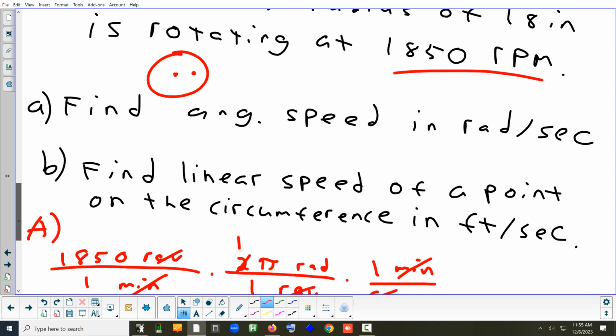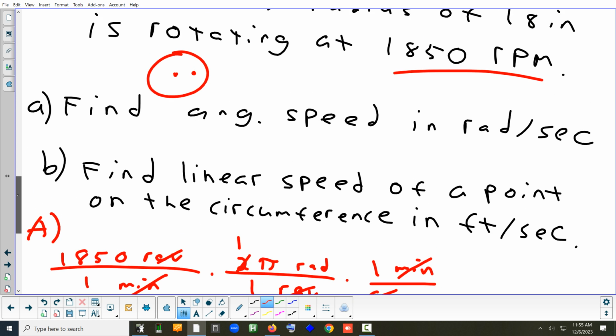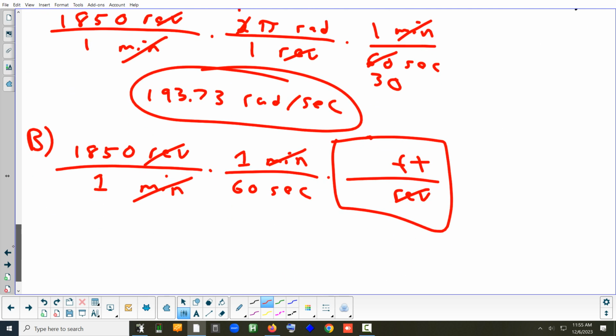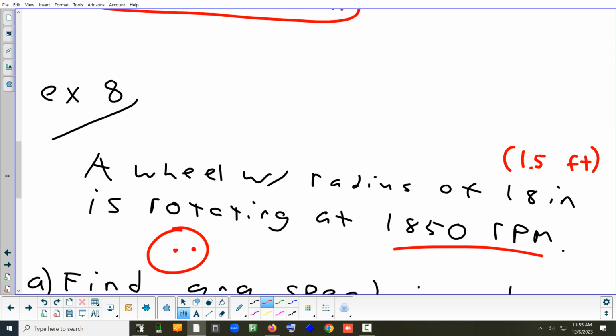So we're going to try to figure out how many feet in a revolution. Well, what's another name for a revolution if you think about it on a circle? The circumference. So what we have to figure out is how many feet in the circumference of the circle. All right, so let's do it. What's the formula for circumference?